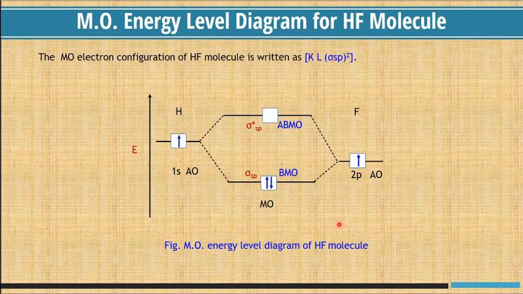The electronic configuration of the HF molecule can be written as KL sigma sp2, as there are two electrons present in the sigma sp bonding molecular orbital.